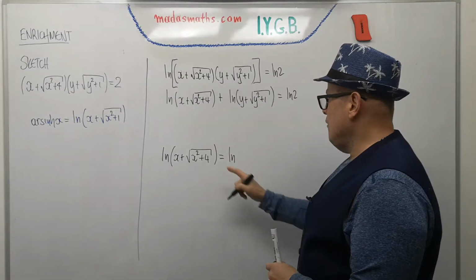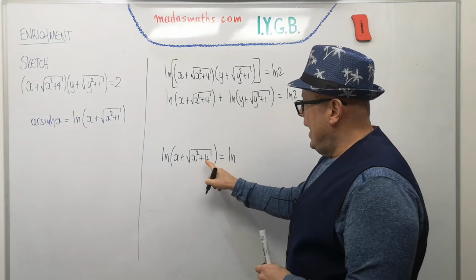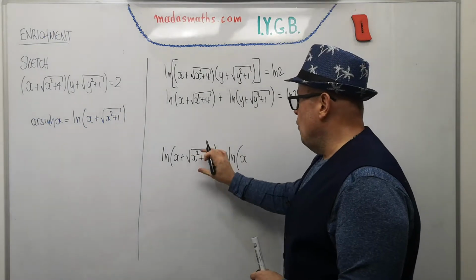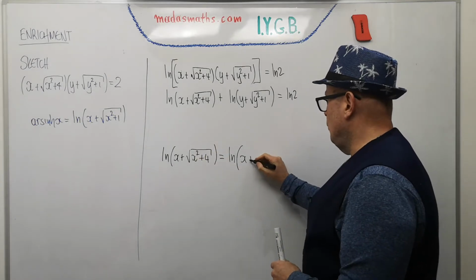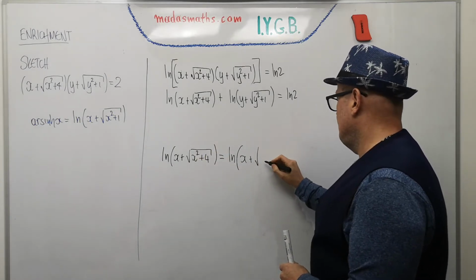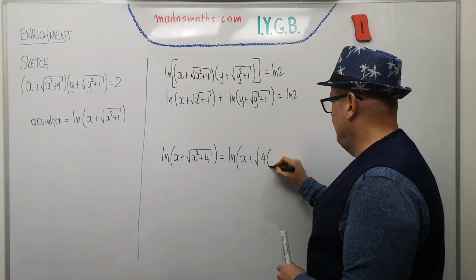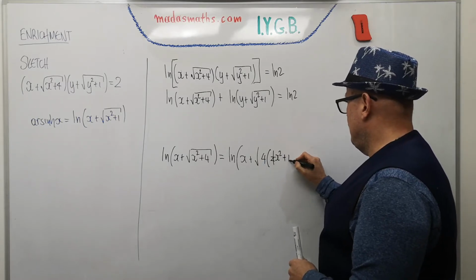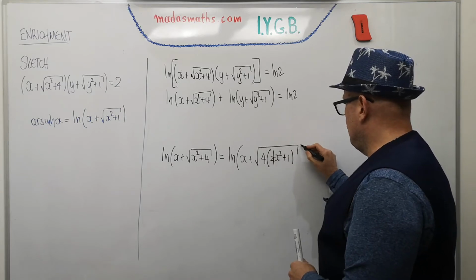So definitely it would be nice if I had a 1 in there. I can create a 1 simply by factorizing a 4 out of the argument of the radical. So I can say that's definitely the same as 4 times a quarter x squared plus 1, close bracket, still inside the square root.